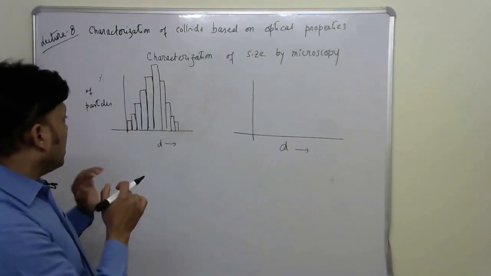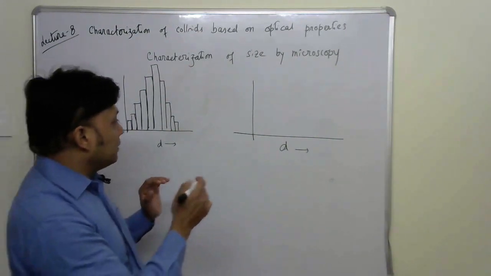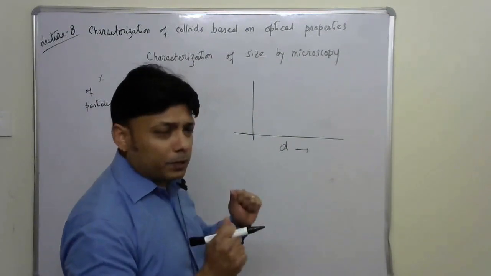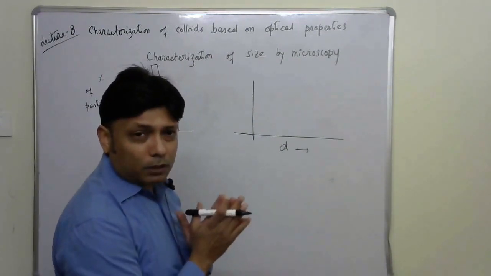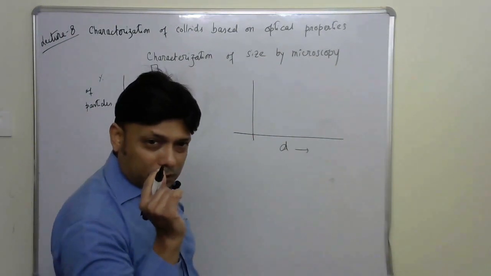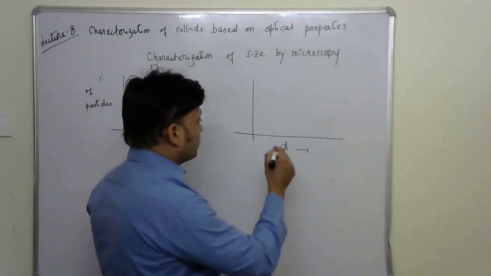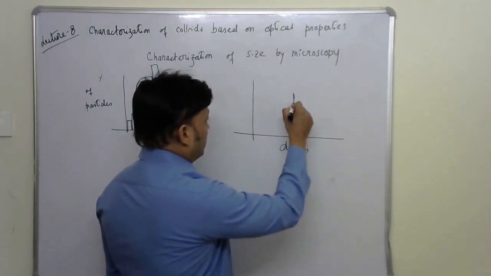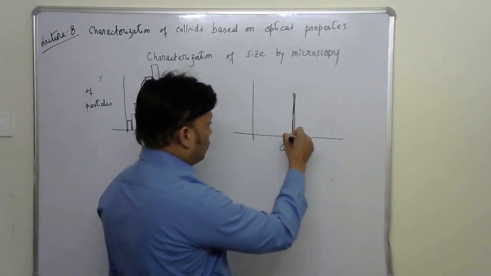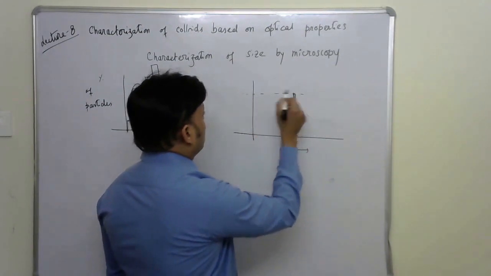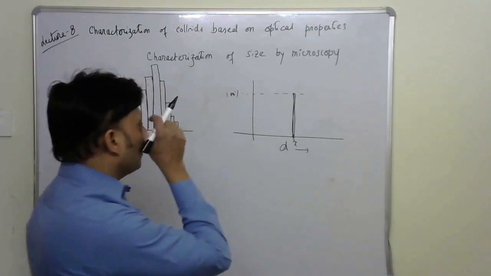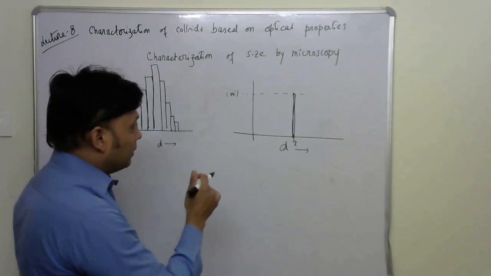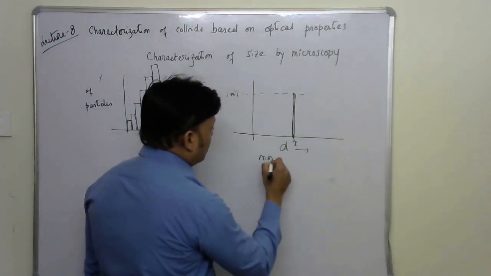As opposed to this, the ideal situation is when all the particles, 100% of the particles, have one distinct diameter. Suppose this number is, say, x, and we have all the particles over here. I have just drawn a line there. So this can be 100%. Whenever this situation arises, we call the particles monodisperse.